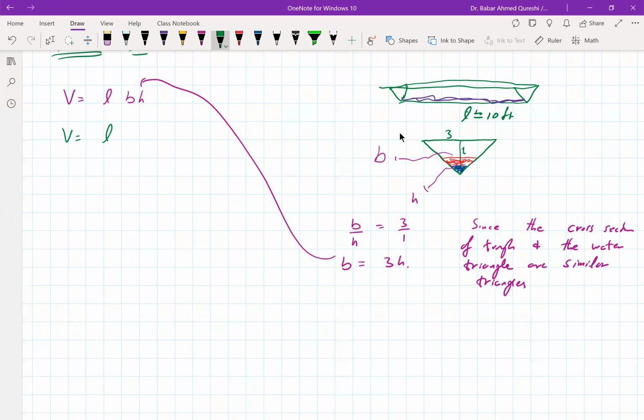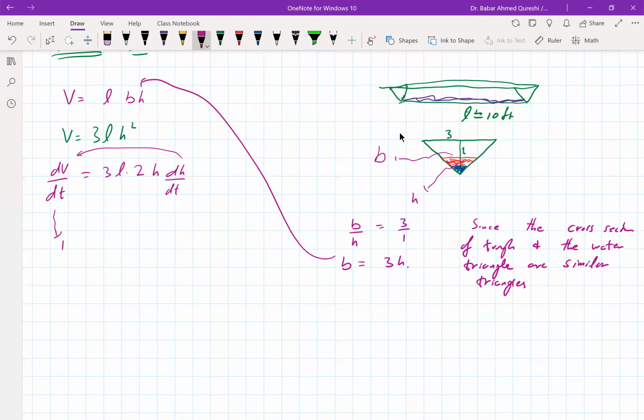So you get 3L over 2 h squared. And now I can find, because L is constant, the rate of change of how much water is going in is 3L times h dh over dt. So these two rates become related. We are given this. So this tells us how much water is going in per time.